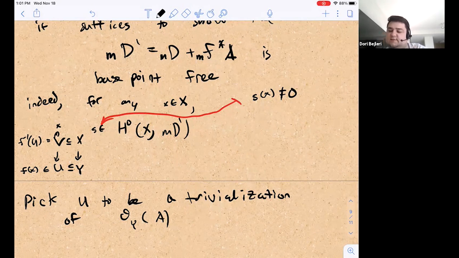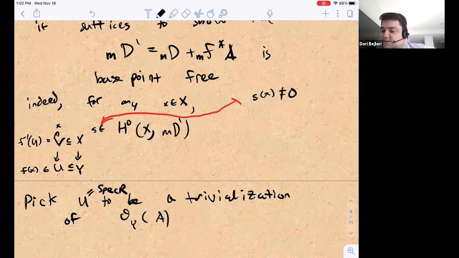So when we restrict to the preimage of this U, D' and D are the same divisor. But then here we've produced a global section that doesn't vanish at x. So in particular, we also have a local section. So let's also just assume that this is affine.